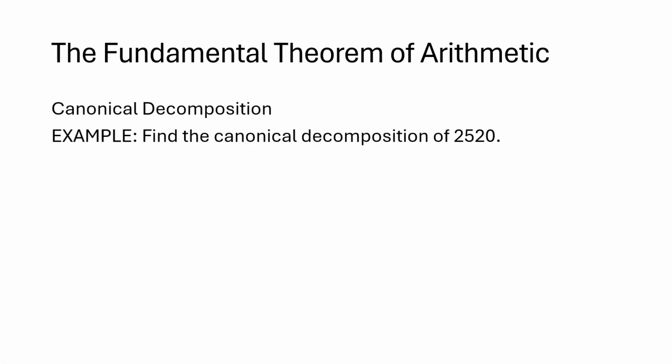So for example, find the canonical decomposition of 2520. So we begin with the smallest prime 2. Okay. So for our solution, beginning with the smallest prime number 2, so you have 2 divides 2520.